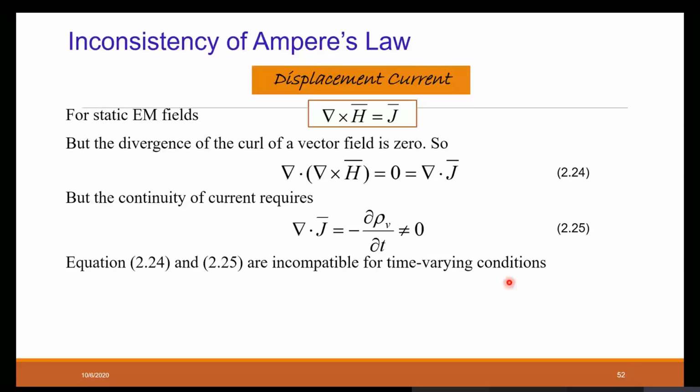It is equal to the negative derivative of volume charge density. If volume charge density is changing with respect to time, then we get divergence of J. So these two equations are incompatible, and this is known as the inconsistency of Ampere's law. So we need to modify the previous equation.